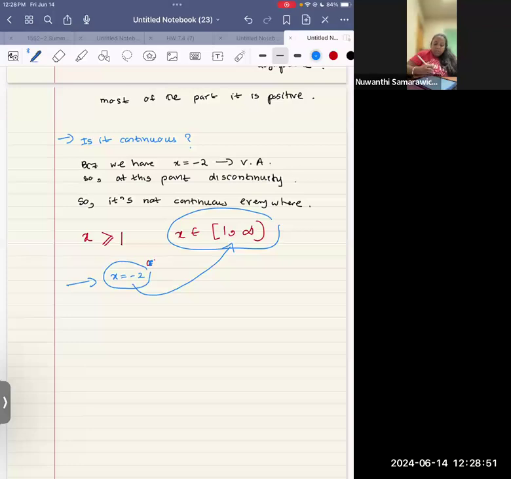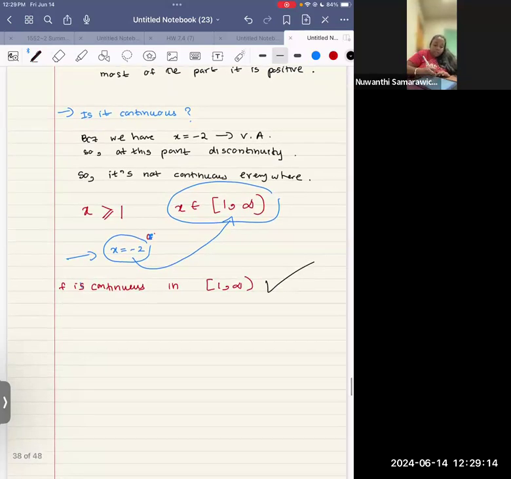So f is continuous on 1 to infinity. That condition is also satisfied. So we have positive, we have continuous. Then we have to check whether this is decreasing.